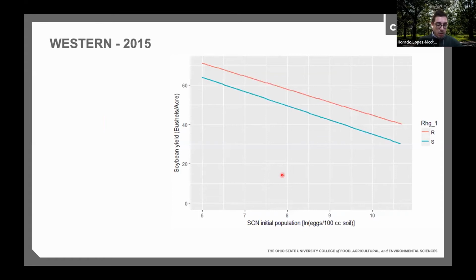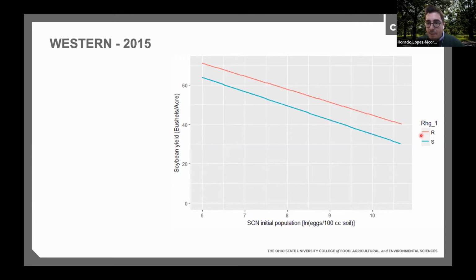Okay, so what I want to do now is show some data that we have, to show the importance of using resistance in a heavily infested field. What we did in this project was a 3-year experiment, 2013, 14, and 15.